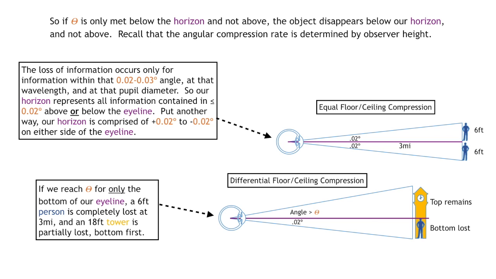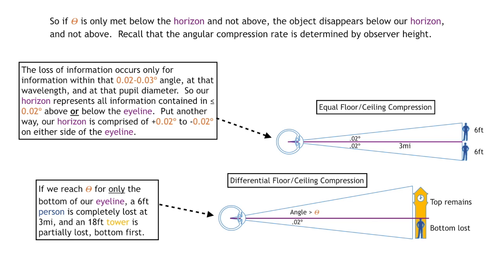So again, instead of being close to a wall, we're right in the middle of a corridor, above and below. The ceiling is the same distance that the floor is away from our eye, and the walls are the same, you could say too. And we would equally reach theta for a given object above and below the eye line.